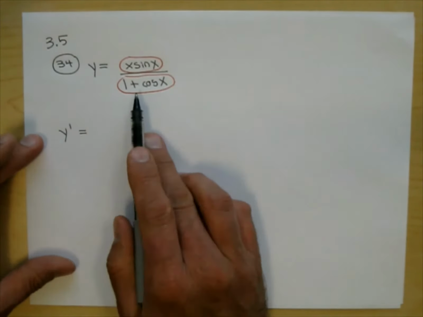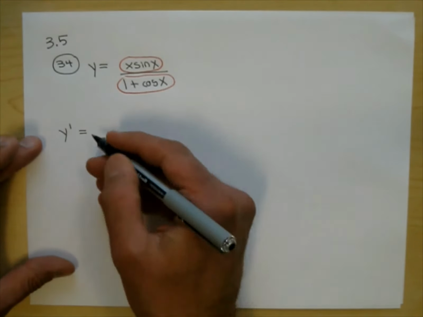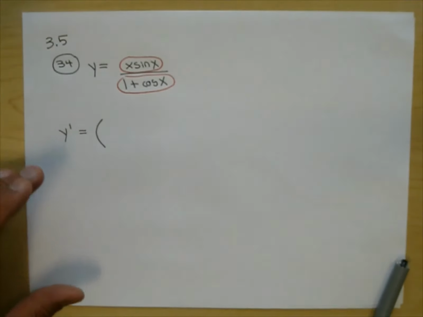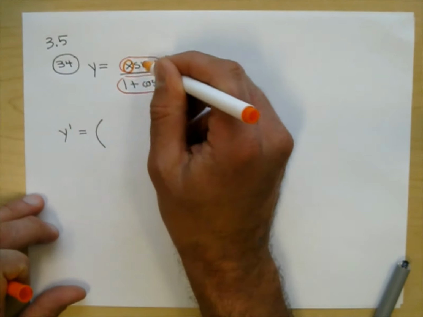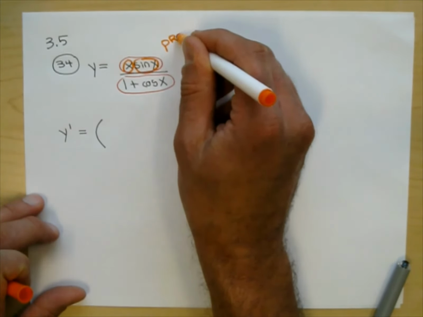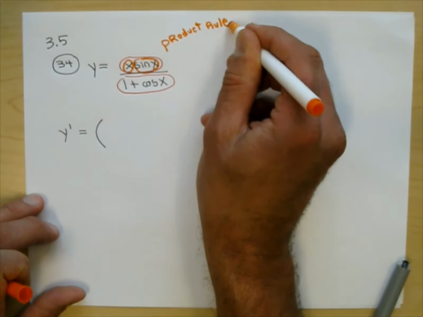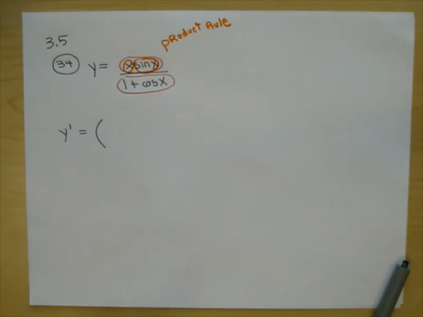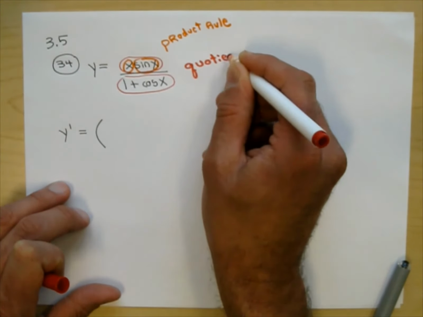So the derivative of the top happens to be, we'll need a different color, maybe I'll use orange. So you're doing the product rule. So the orange part is the product rule. And the red part is the quotient rule.